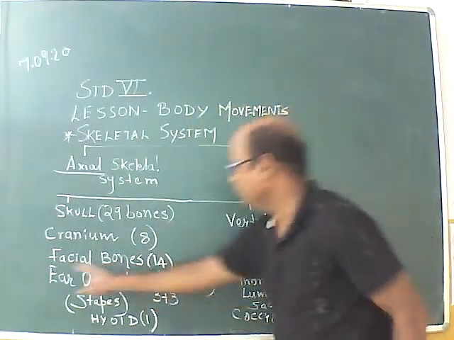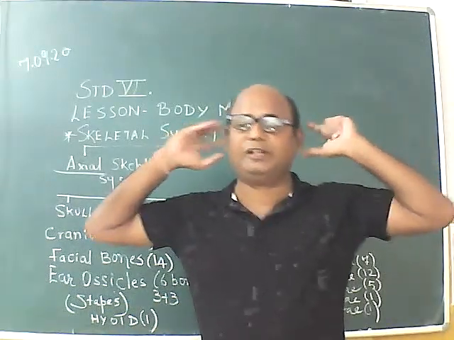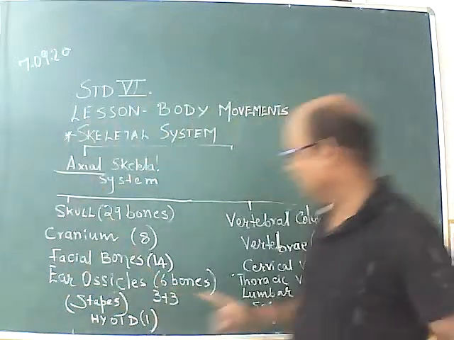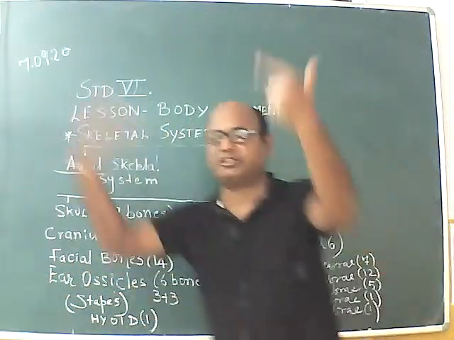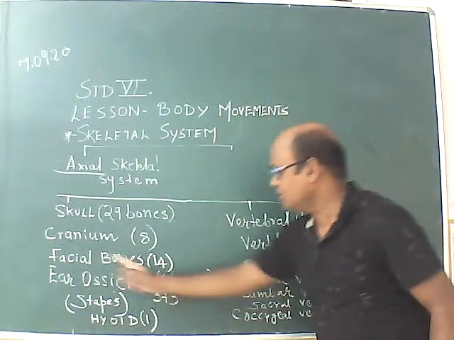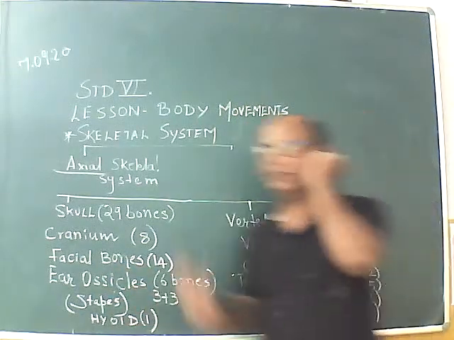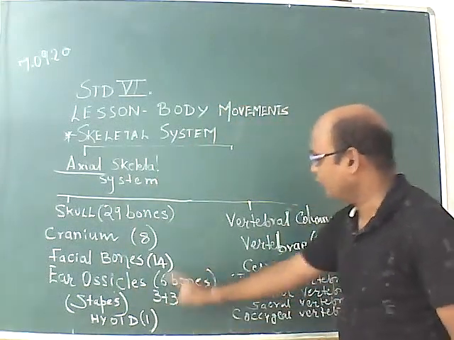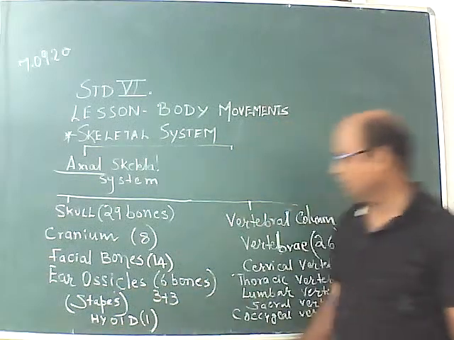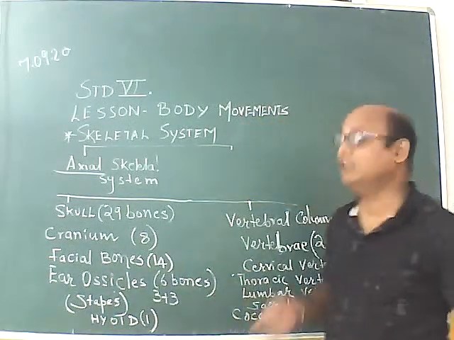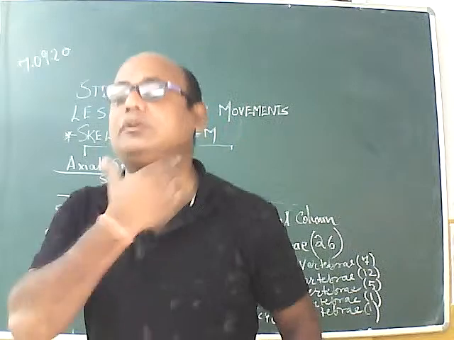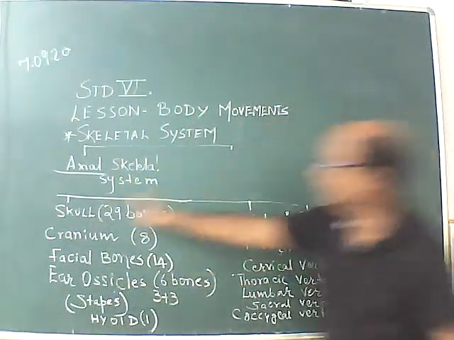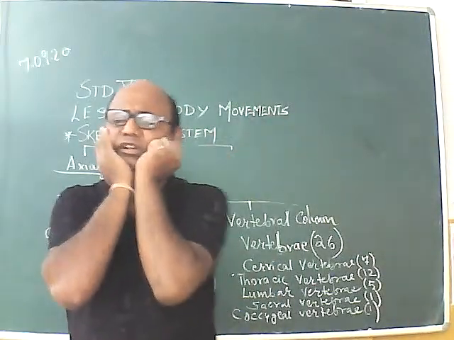Then ear ossicles: the ears are made up of external, middle and internal ear. In the middle ear there are ear ossicles that you will study in higher classes. In these, 3 plus 3, right plus left ear, 6 bones are there, and the smallest bone there is the stapes. It is part of the ear ossicles. And the hyoid is here, just above the larynx. So in total we find 29 bones. It is present in our body only.